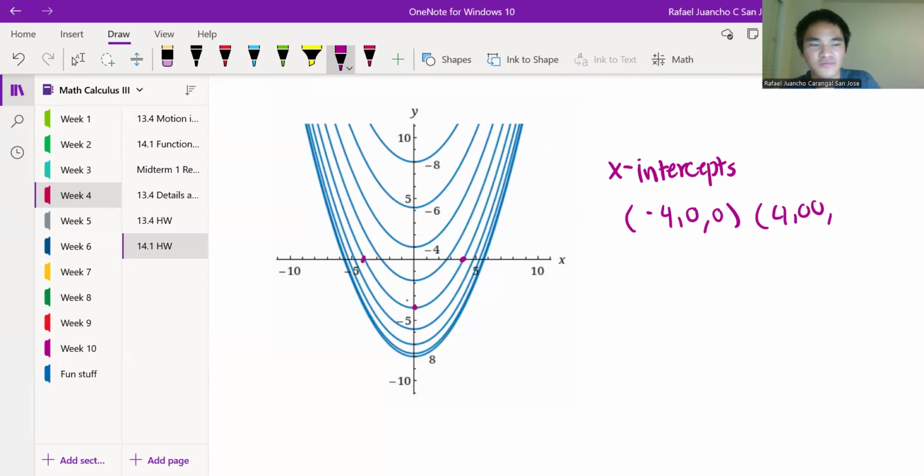So we can deduce that for my y, I only have one. 1, 2, 3. Yeah, this one doesn't touch. So I'm going to say my y-intercept is only one, which is -4. So that's the deal breaker there.